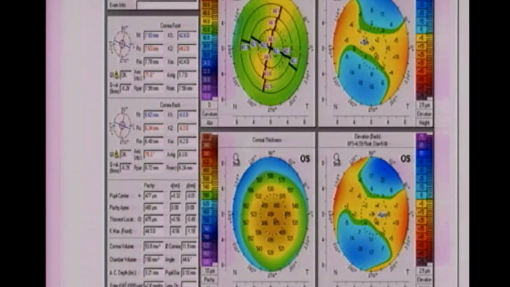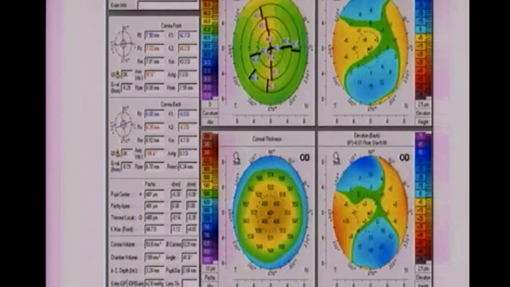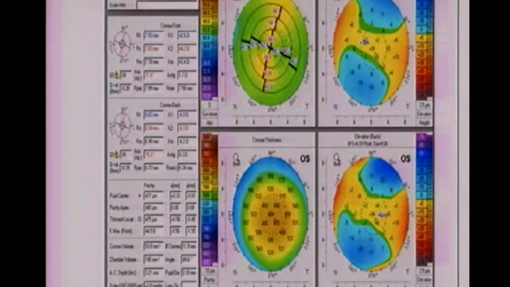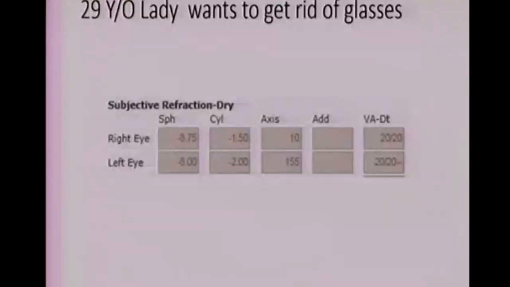Sorry? Which eye? The central thickness in the right eye, it's 480, left eye 475. Do you want me to repeat any question? The first one?